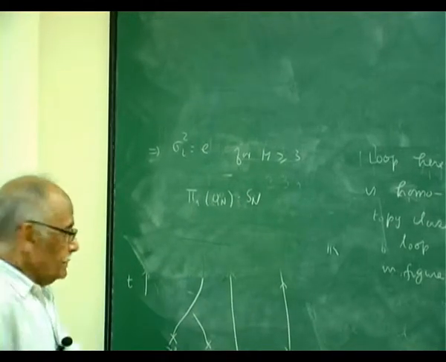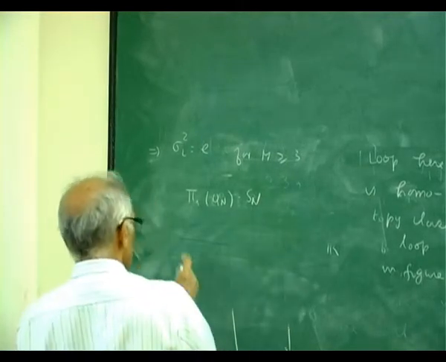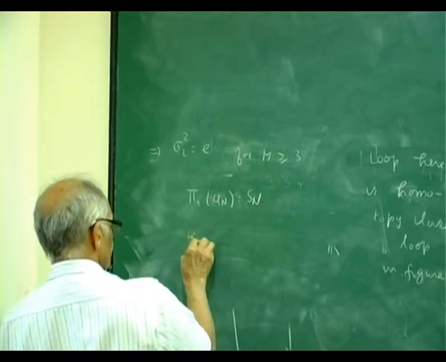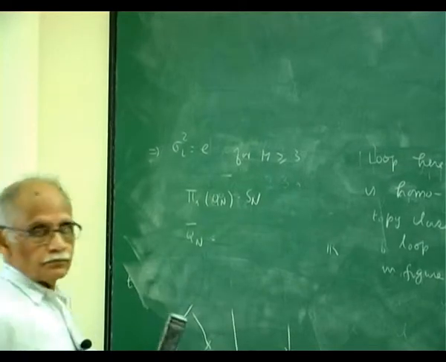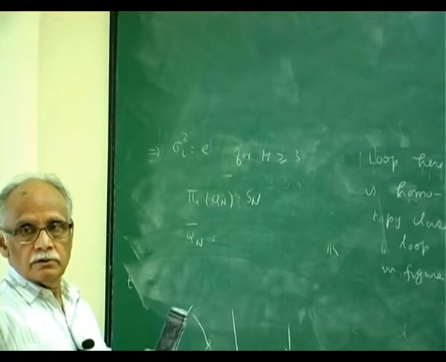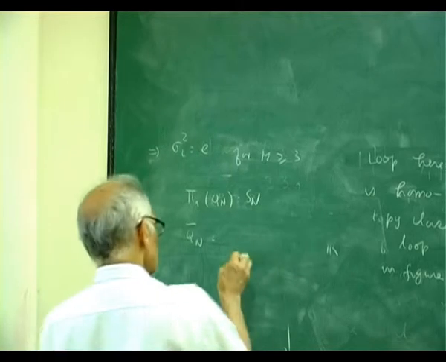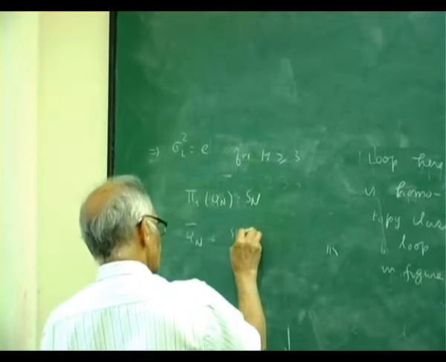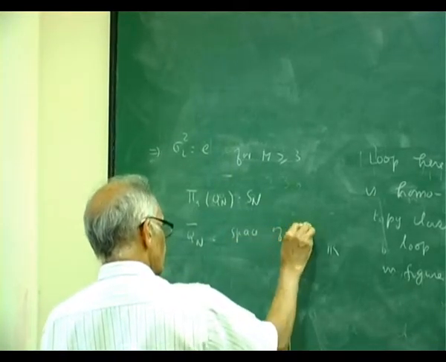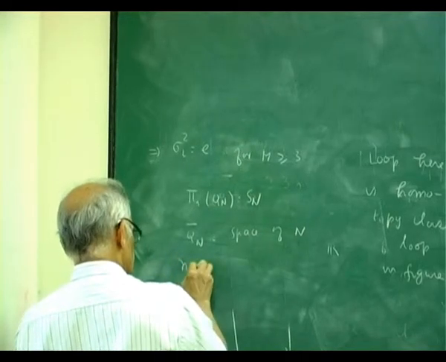The universal covering group, if you like Q bar n, what is it? The covering space is simply the space of n non-identical particles.